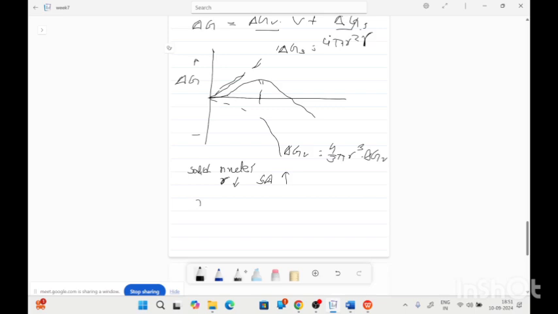As the radius increases and reaches a critical size, after that critical size the volume free energy term will prevail in this nucleation, and the solid nuclei will start to grow only after this point. This can be referred to as R star, and the free energy associated with R star will be delta G star.